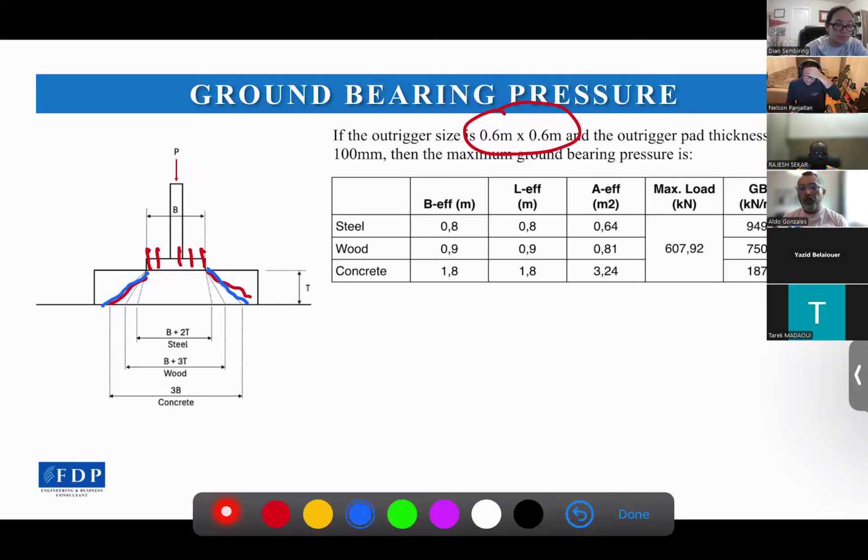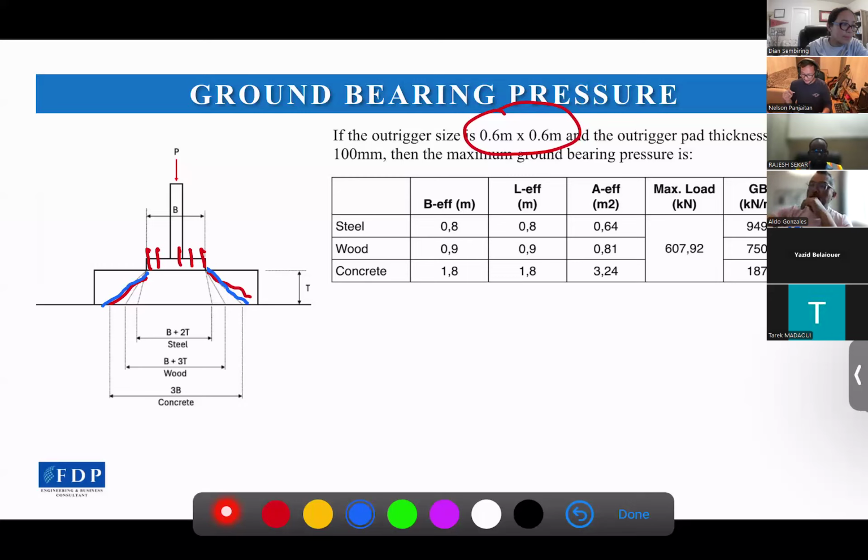Any questions up until here? It's clear for me. Yes, it is based on the material and also the dimensions of the parts, specifically the thickness.